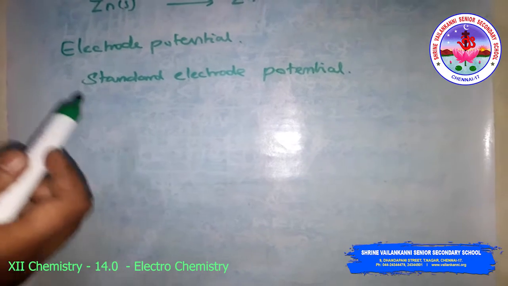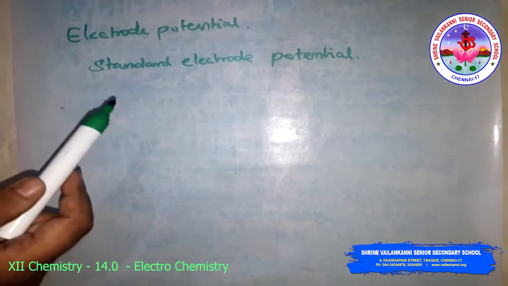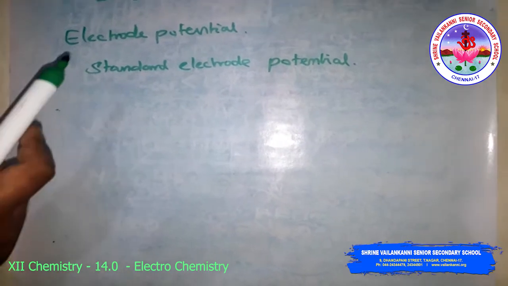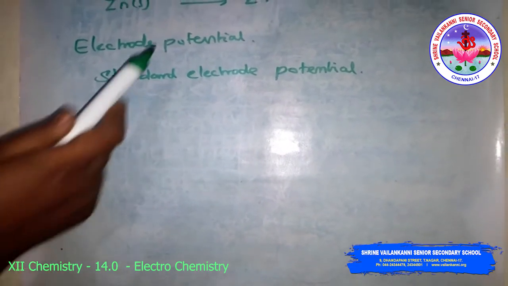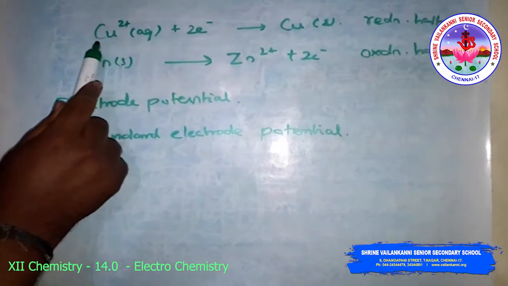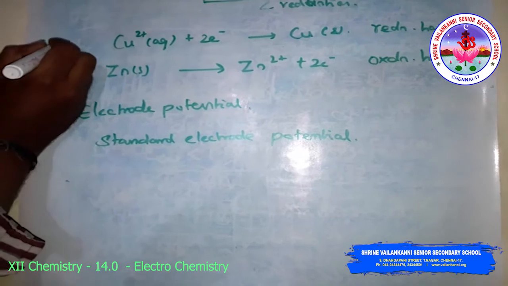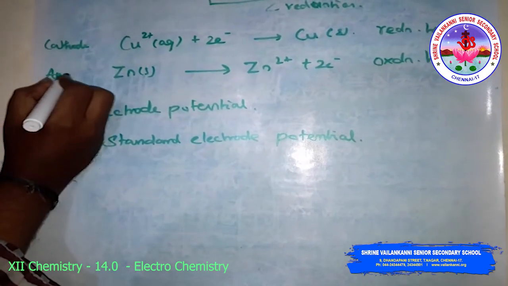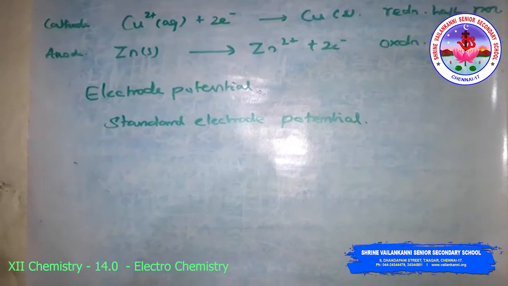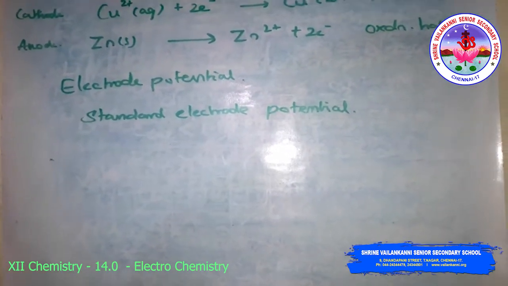In a galvanic cell, the half cell in which oxidation takes place is called the anode, with a negative potential with respect to the solution. The other is the half cell in which reduction takes place, called the cathode. Reduction is at the cathode, and oxidation is at the anode.